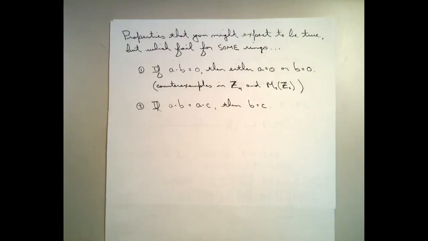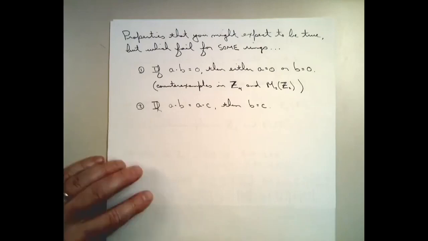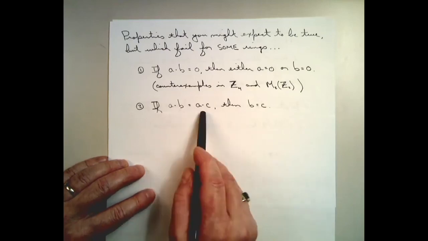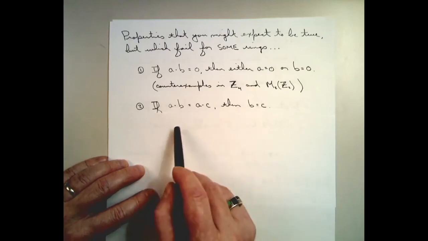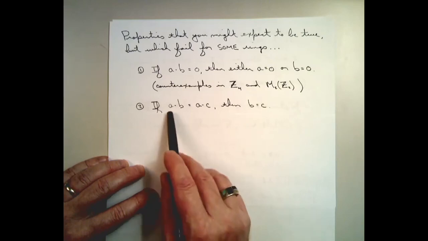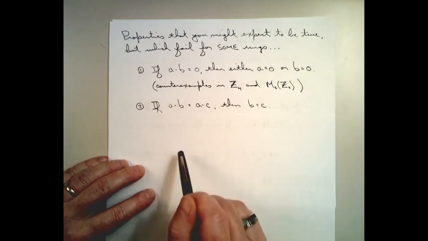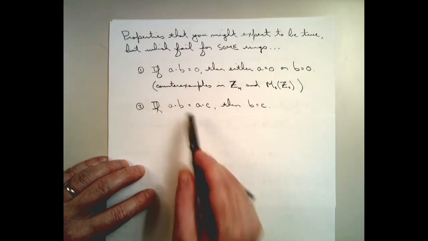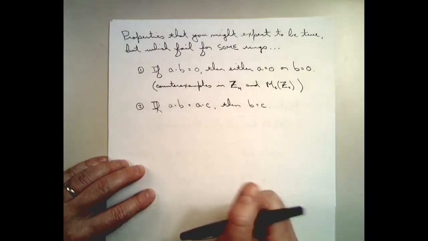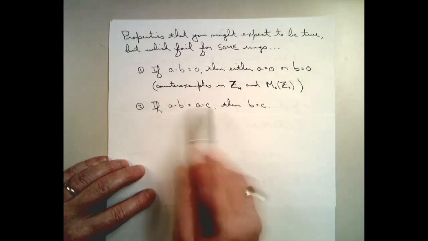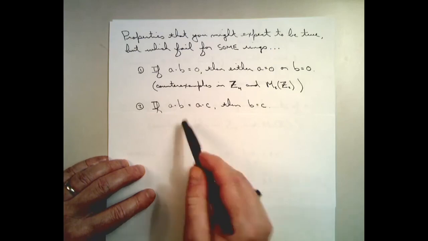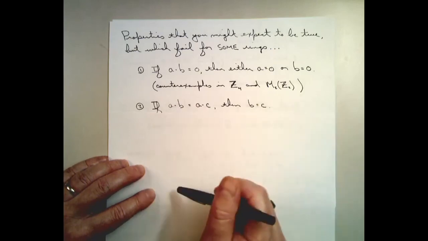Another property that you might expect to be true is that if you multiply two numbers by the same thing, so if I take A times B and A times C and I get the same thing, then you're used to saying, oh, well, let's just cancel the A's. Of course, we're assuming here that A is a non-zero number.